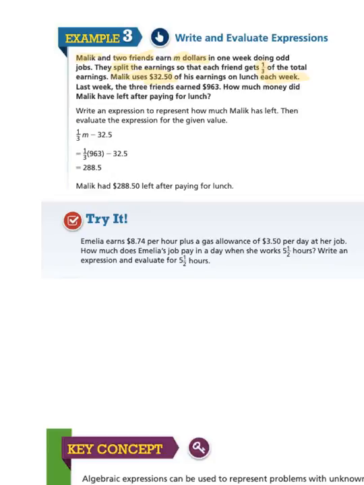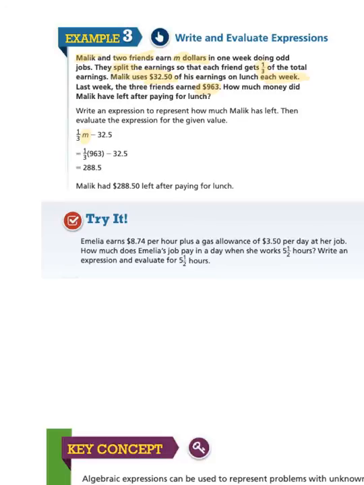So they earn $963. So M is going to represent the amount of money that they make. All right. So in this expression, they have 1/3 times M because they're going to multiply that and then subtract 32.5. So whenever you're multiplying by a fraction, we're really going to end up dividing.